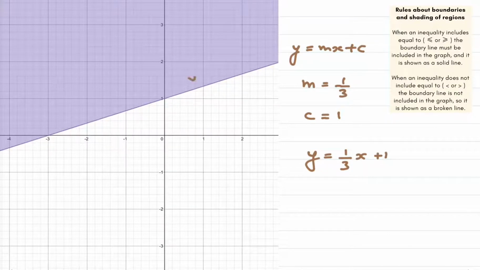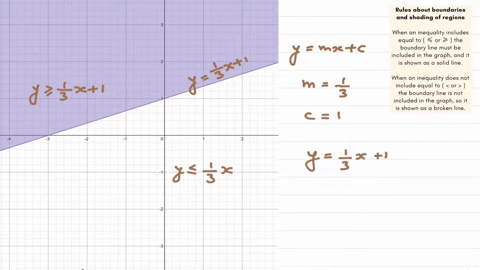So the equation of the line is y is equal to 1 over 3x plus 1. The shaded region will be y greater than or equal to 1 over 3x plus 1, and the unshaded region is y less than or equal to 1 over 3x plus 1.